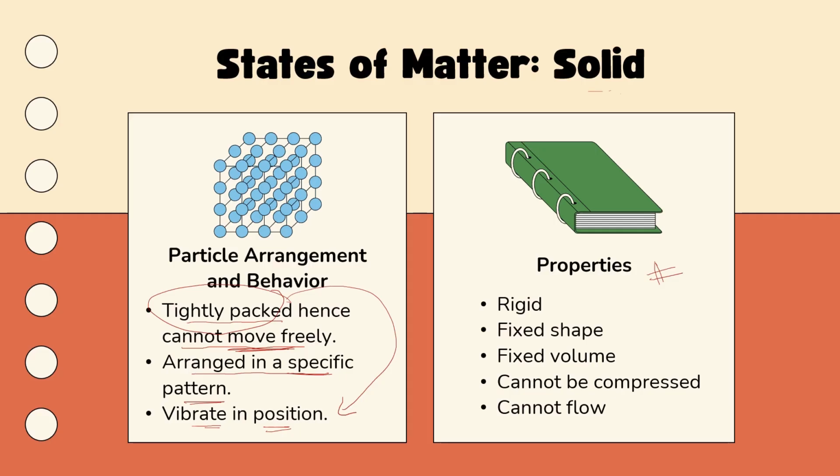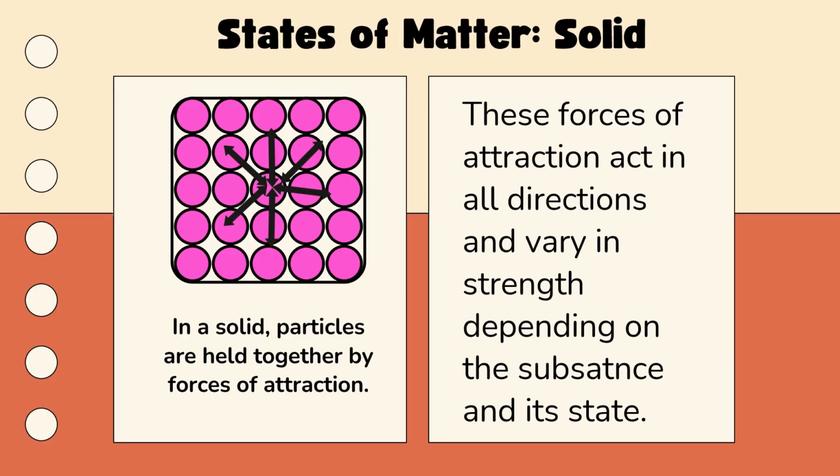Properties. Because they are tightly packed, they are rigid. They have fixed shape. They have fixed volume. They cannot be compressed and they cannot flow. You can see here how every atom is so closely packed.